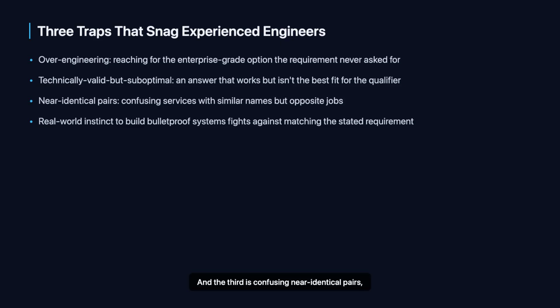And the third is confusing near identical pairs, services with similar names but opposite jobs. Notice the common thread. In production, your instinct is to build the most robust system possible. But here the correct answer is the one that matches the stated requirement exactly. No more and no less.